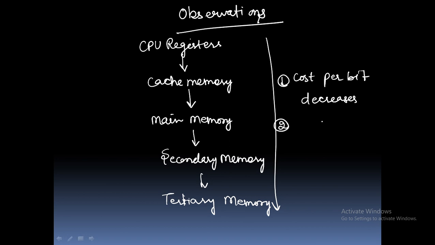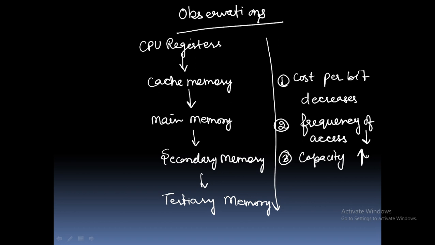Second, frequency of access also decreases, but capacity increases, and access time also increases. These are the observations of memory hierarchy.